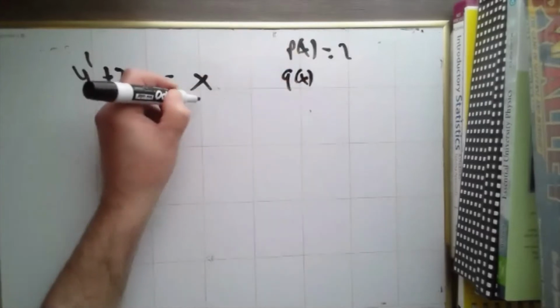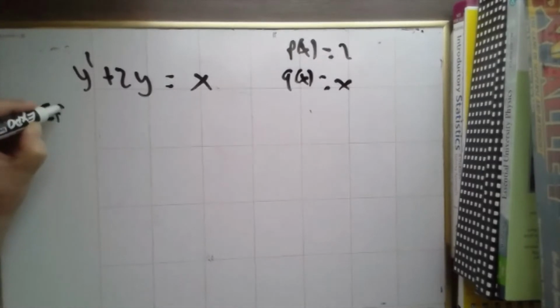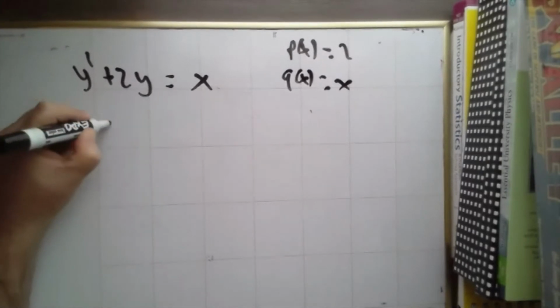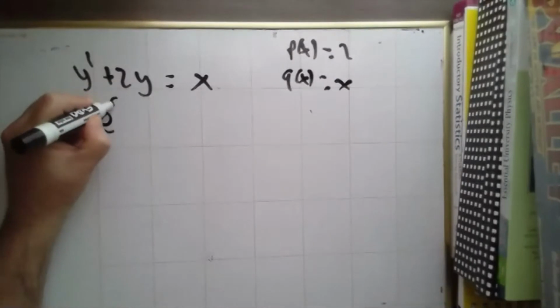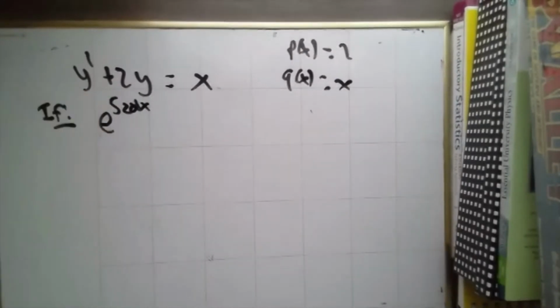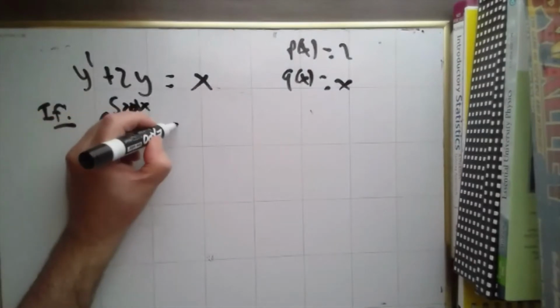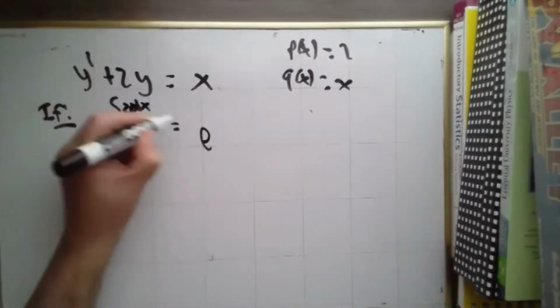And my q of x, the thing on the other side, is x. Then my integrating factor will be e raised to the antiderivative of 2 dx. So I take the antiderivative and make that a power of e.